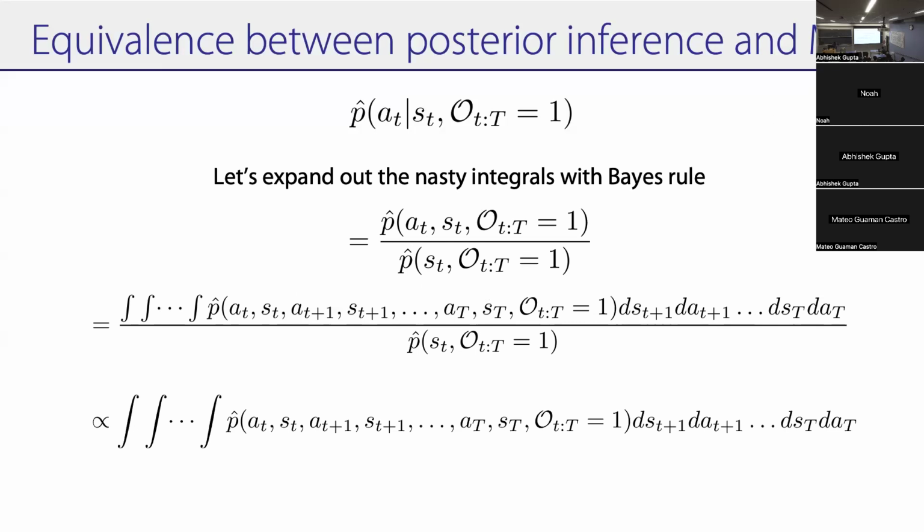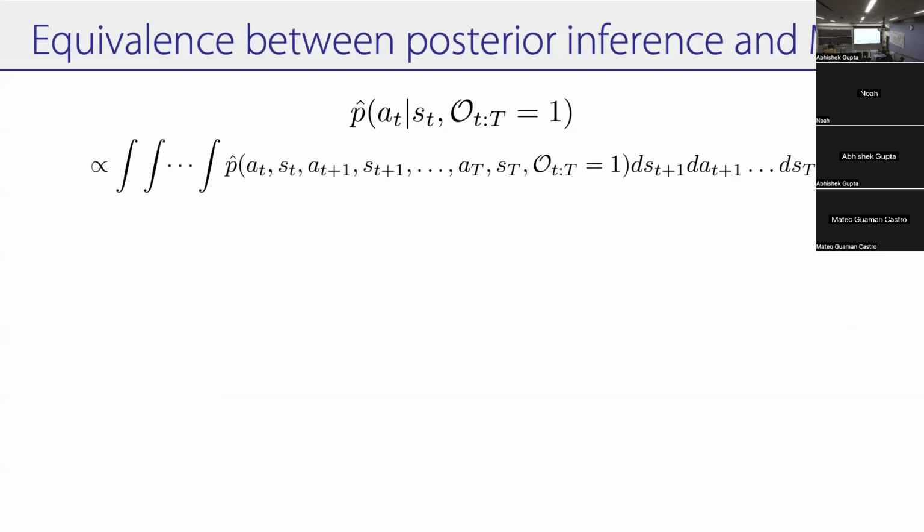We're just going to ignore the denominator for now and say it's proportional to. We know the definition of this likelihood. We know that it's equal to the product of the optimality variable times the dynamics times the action prior.